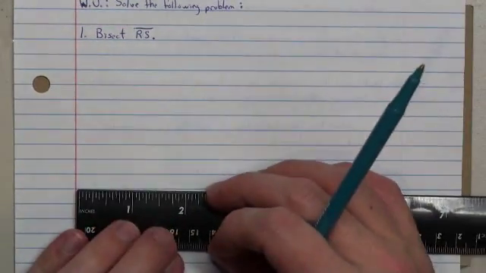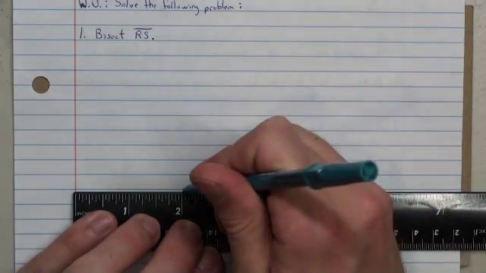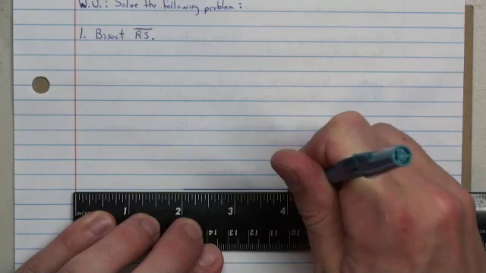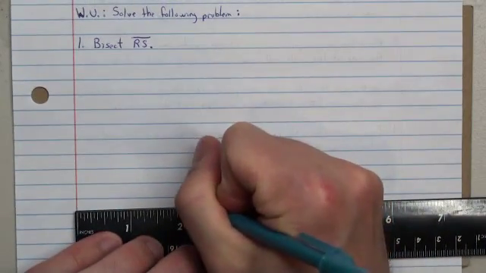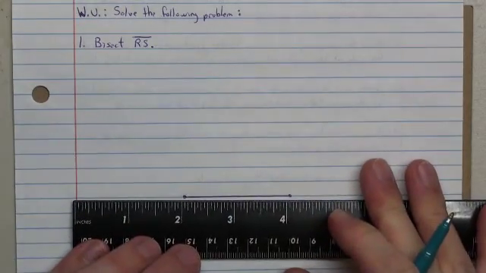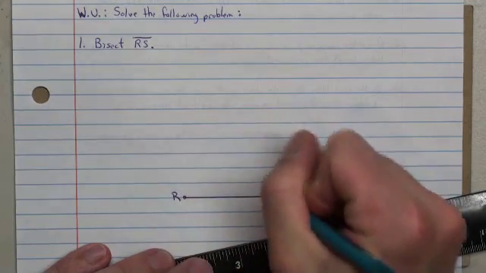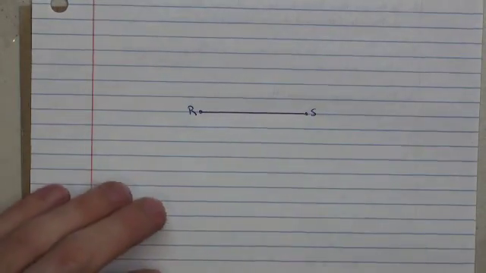And I want you to draw a segment from 2 to 4 when you line up the 0 on the left margin, from 2 to 4. And this is R and S. And then you can go ahead and bisect that segment.